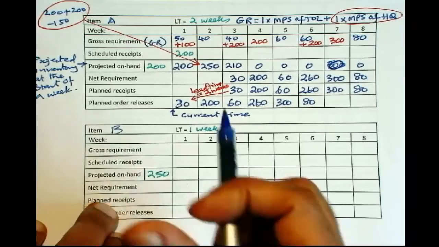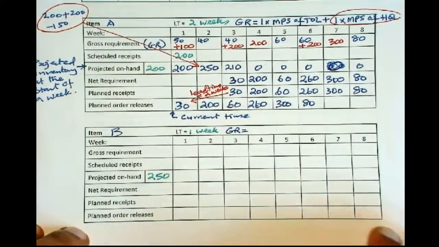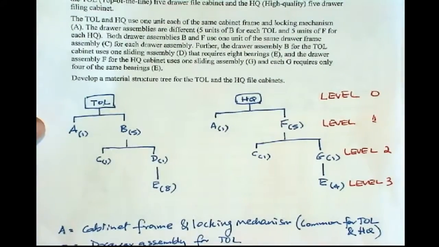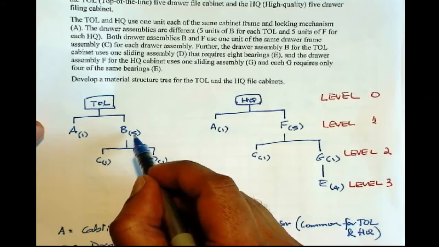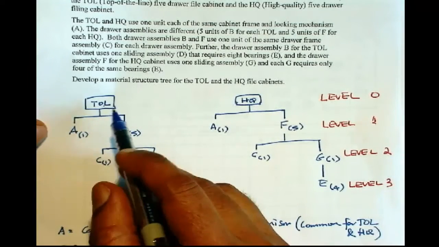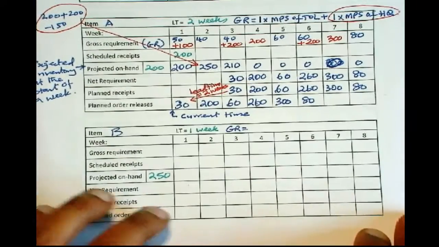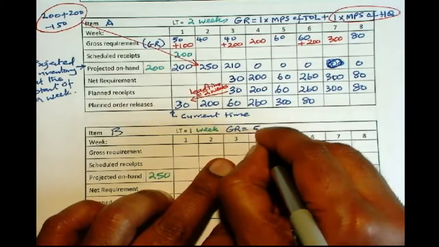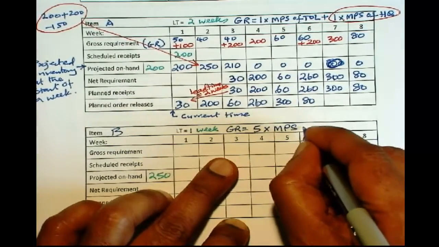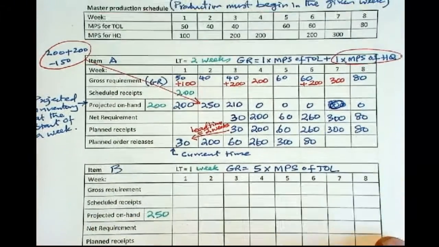Okay, so now its gross requirement comes from the bill of materials. We need 5 units of B for each unit of TOL, and TOL is the master production schedule. So GR is 5 times the master production schedule of TOL.